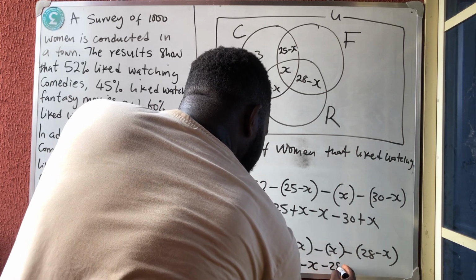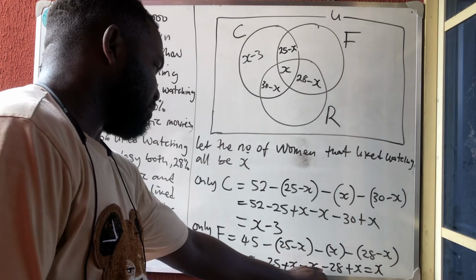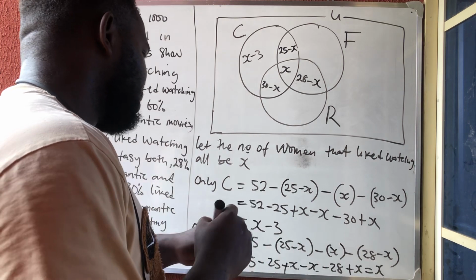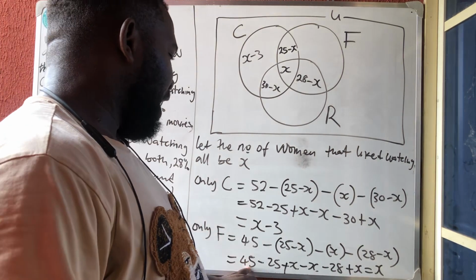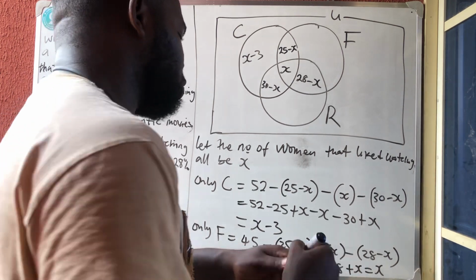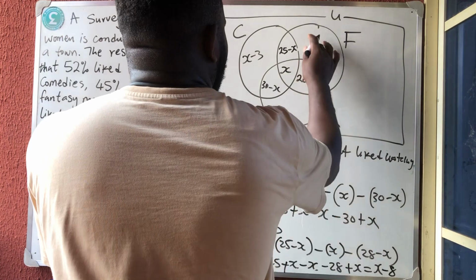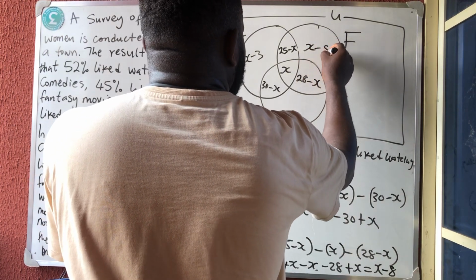For all the X, the minus X's cancel, leaving only plus X here. 45 minus 25 is 20, and 20 minus 28 will give you minus 8. So only fantasy is X minus 8.